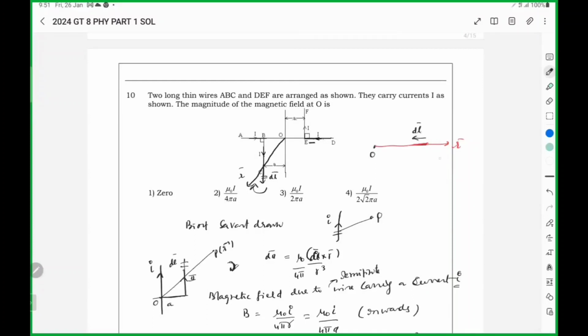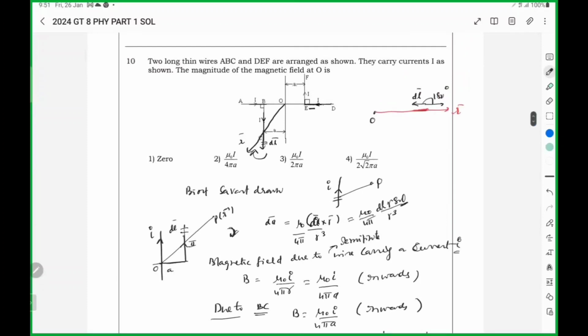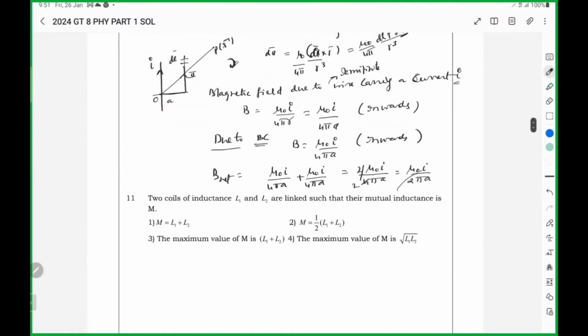Between dl and r the angle is 180 degrees. So in that case, we have the formula mu naught by 4 pi, dl r sine theta by r cube. Theta is 180. The magnetic field will be 0 because of this and this. So the net magnetic field is only this.